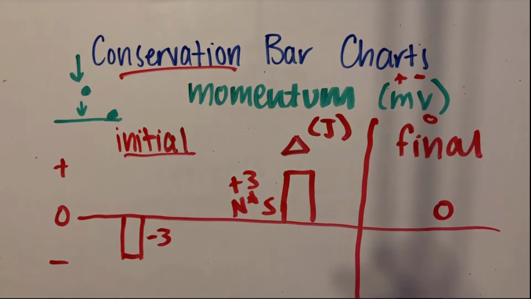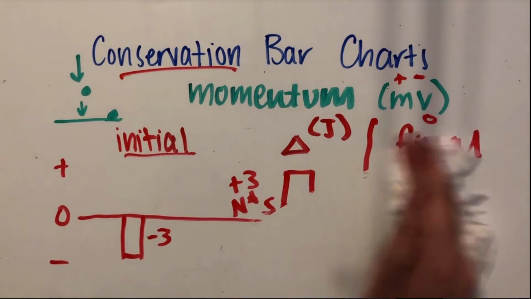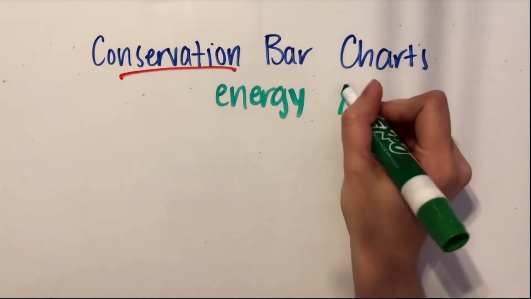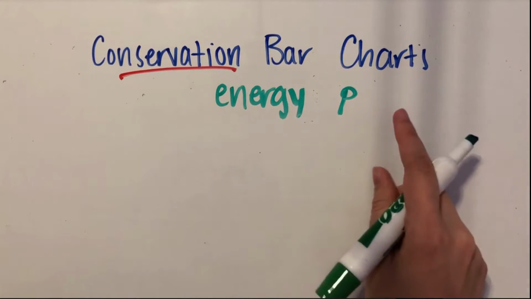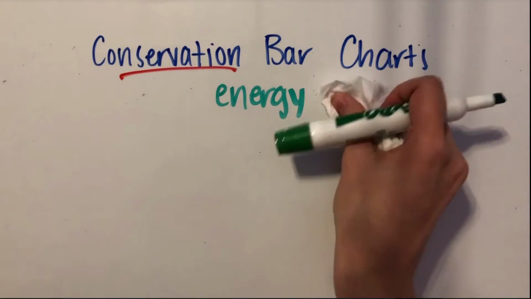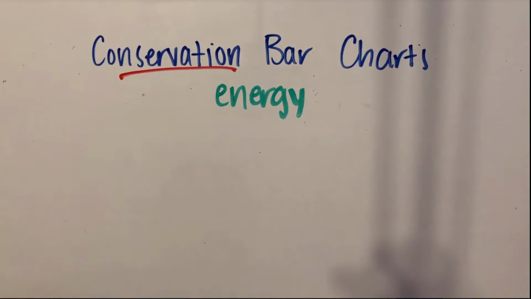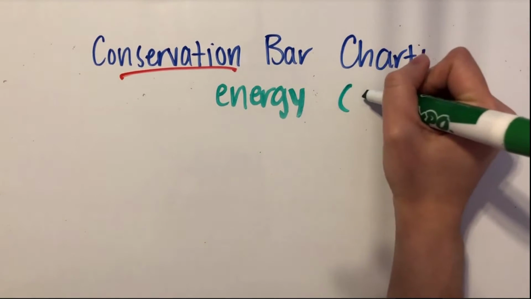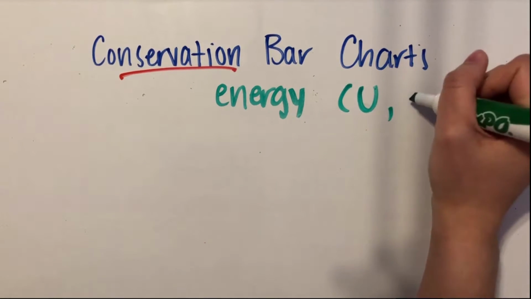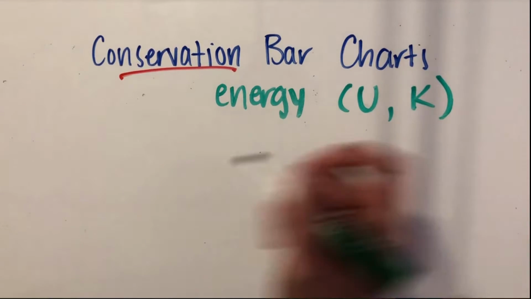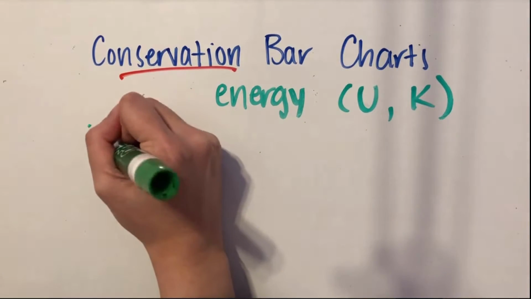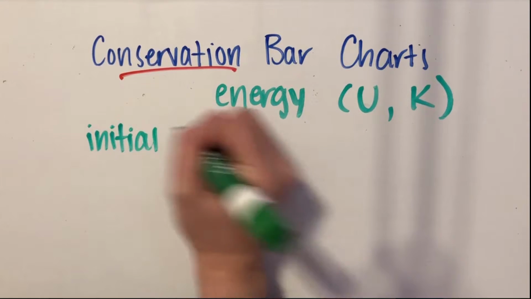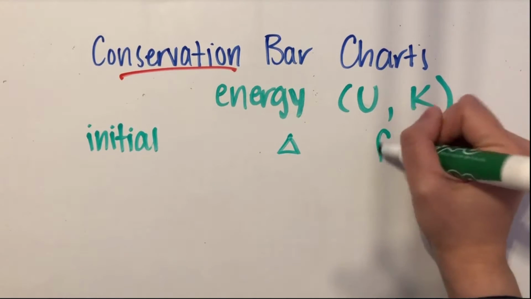So we've completed our conservation bar chart for this example, and now let's move on to a conservation bar chart for energy. Instead of having P as our momentum like in the other bar chart, we're going to use potential and kinetic energy. Potential energy is a capital U and kinetic energy is a capital K. Again, we'll split our bar chart into three parts: initial, change in, and final.